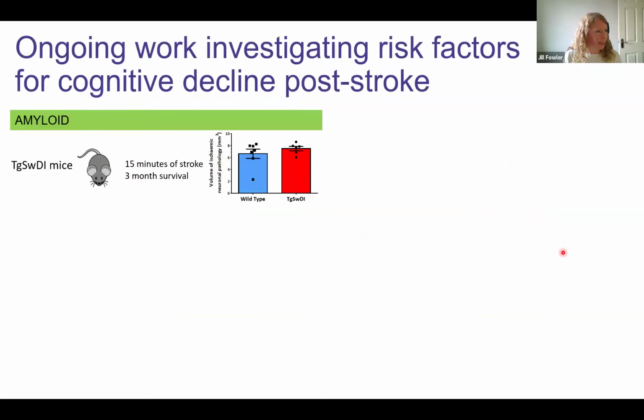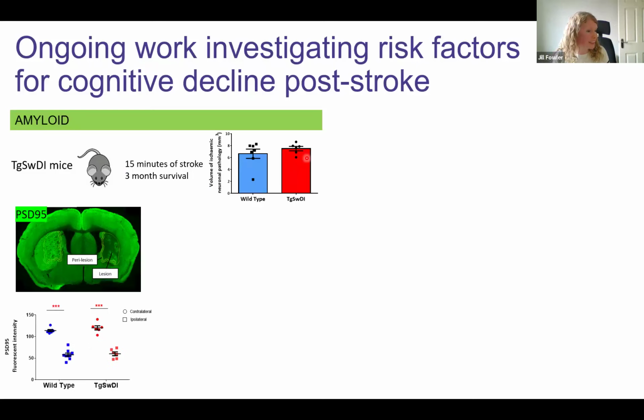And finally, another study we have ongoing in the lab is just looking at interactions between amyloid and stroke pathology. So we're modelling this in Swedish Dutch Iowa mice, which have both vascular and parenchymal amyloid accumulations. And interestingly, again, we don't see any exacerbation of the primary stroke lesion.